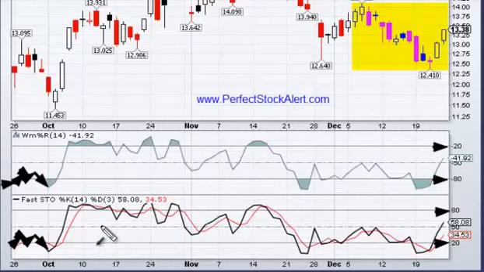However, George Lane, the creator of the fast stoch, based his divergence on the percent D. His entire theory is based on divergence of the percent D, which is the red line, and that's not being duplicated by the Williams percent R. So I would argue, or at least it could be debated, that you shouldn't attempt to do divergence analysis the same way on Williams percent R that you would on the fast stochastic.